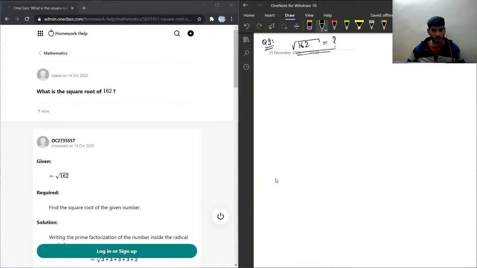Okay, so to find the square root of 162, first we'll divide 162 into prime factors. 162 divided by 2 is 81, and 81 is the square of 9.